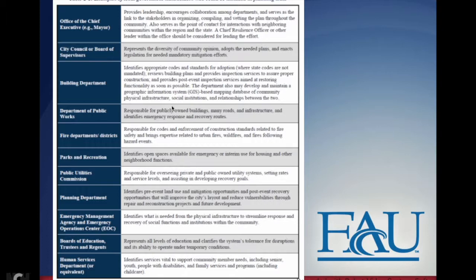Parks and Recreation, Public Utilities, Planning Department, Emergency Management Agencies, Boards of Education, Human Services Department. All of these agencies in many cities are often silos. They're often insulated and buffered from one another, and people often don't work well together, or they just don't have a history of working together. So building that collaboration across government agencies before disaster strikes can be incredibly important and useful after a disaster strikes.